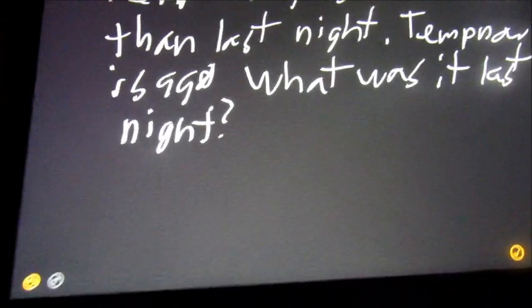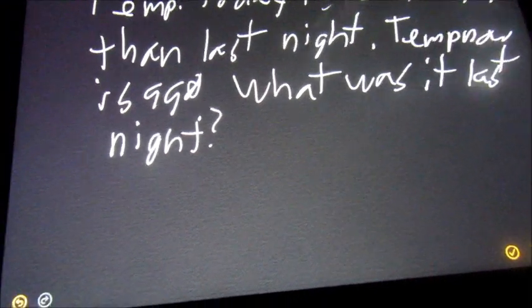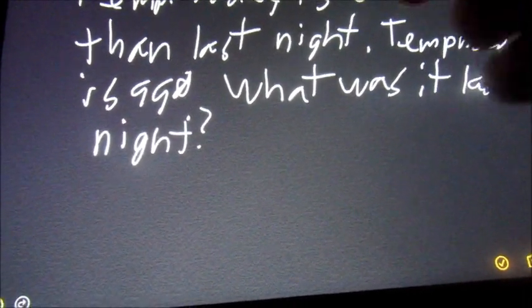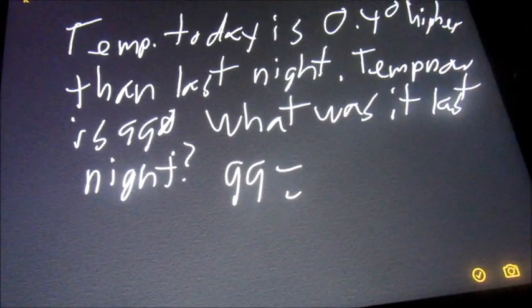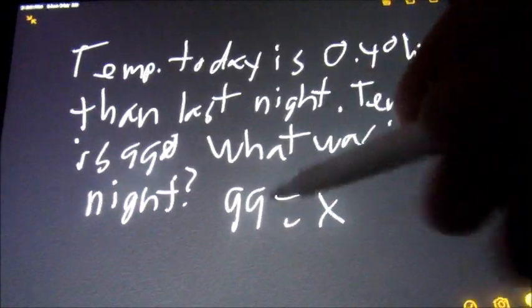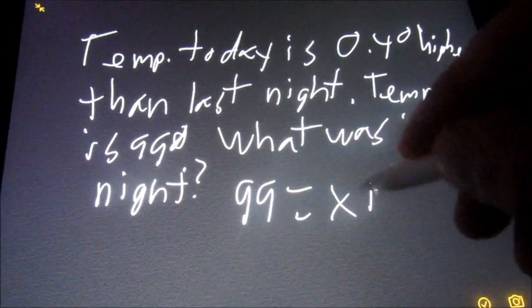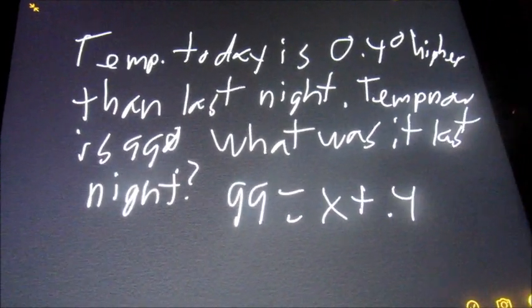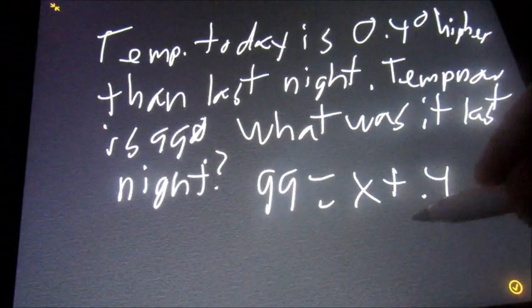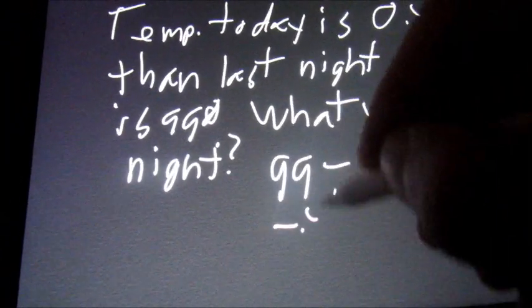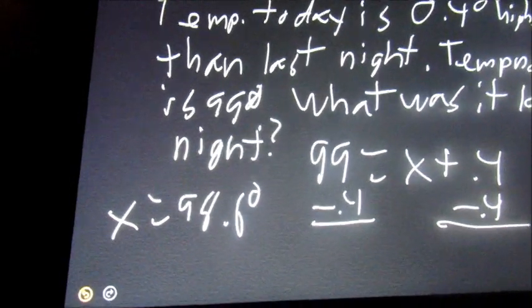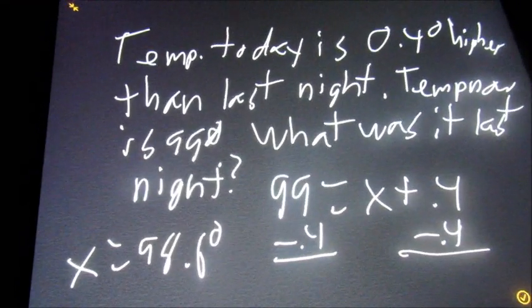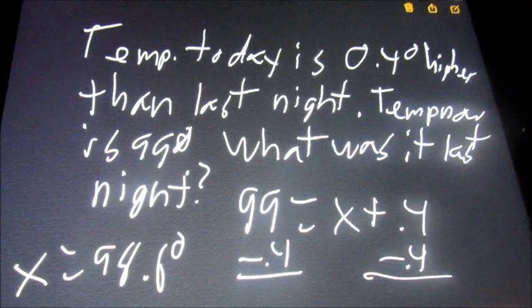Okay, so we'll just say 99 is right now, and that equals, we don't know what last night was, so that's X, but we know that 99 is 0.4 higher, so we're going to add plus 0.4. So now we just need to subtract 0.4 from both sides, and we're going to get X equals 98.6 degrees. So that's it for section 2.1.